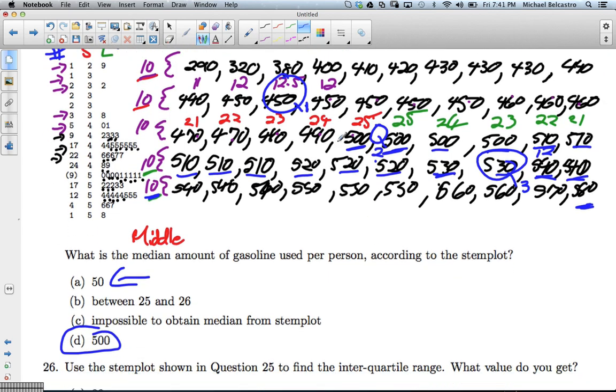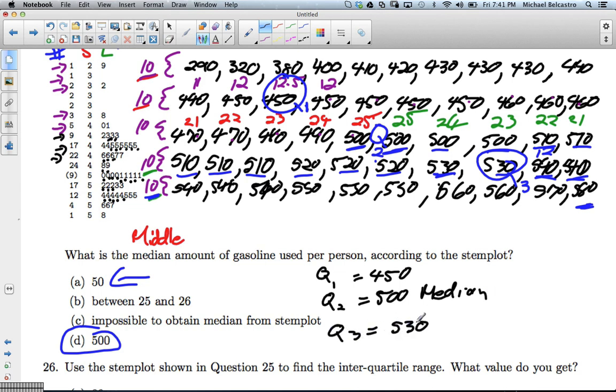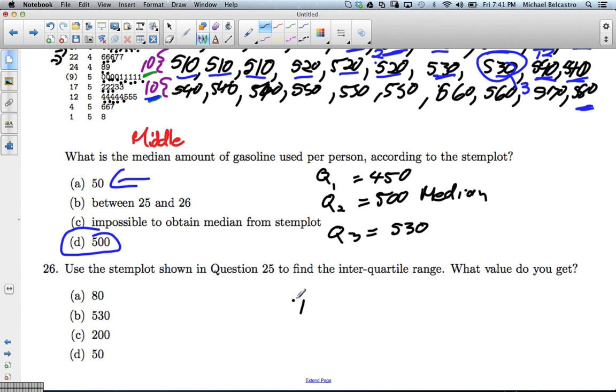So what that means is Q1 is equal to 450. Q2, we found the average. That was our 500. That was our median. And Q3 was 530. Well, the IQR is equal to what? Q3 subtract Q1.